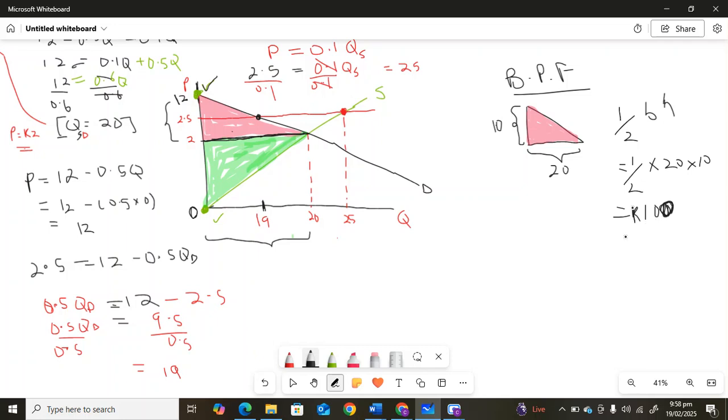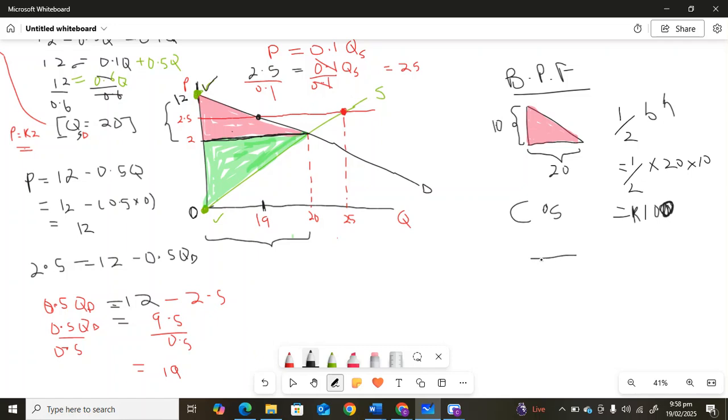I know area is in square meters, but we cannot say 100 kwacha squared, no. So this is the consumer surplus before the price floor.